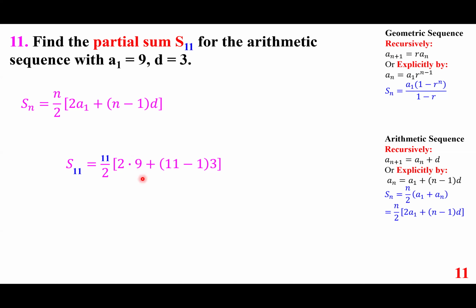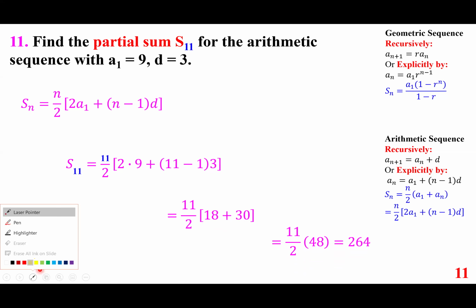So 2 times 9 is 18. This is 10 times 3, 30. 48, obviously. 24 times 11, 264 is the final answer.